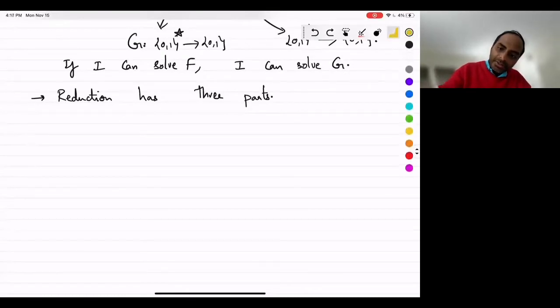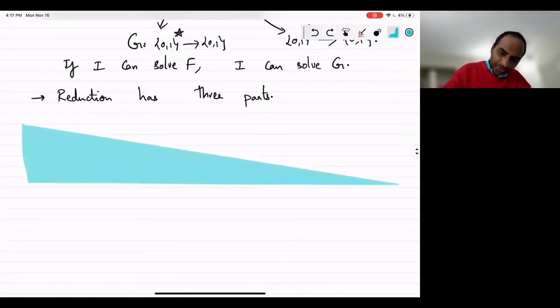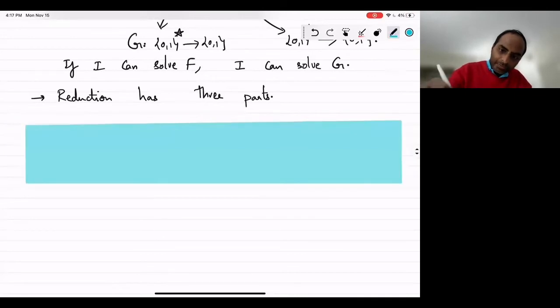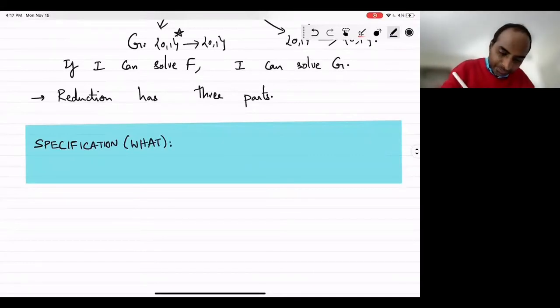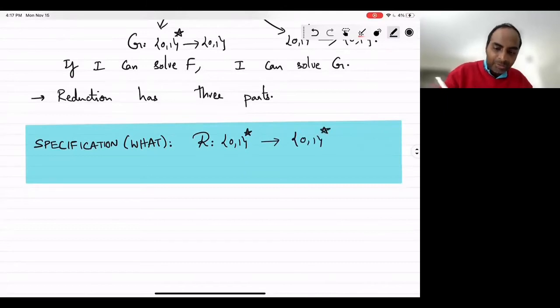So the first one is specification. Or, in other words, what? So what we are looking for here is to tell you what the reduction should do. So the reduction is a function which, as I said, transforms inputs for one problem to inputs for the other.